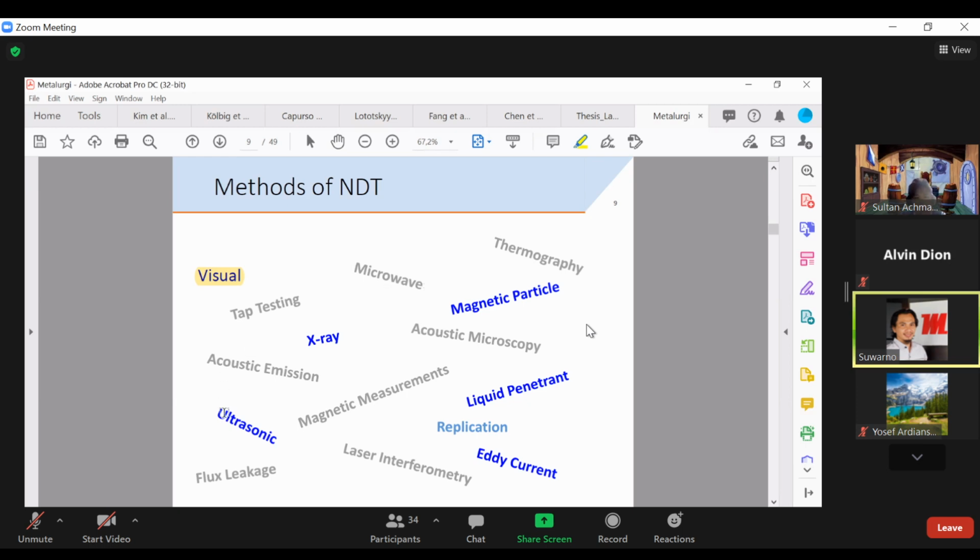We use the ultrasonic method. Here, ultrasonic is below here. I'm not sure that you can see the pointer. You see the ultrasonic, and then we also have X-ray, and later on we will discuss the differences or how they are used. They are basically all electromagnetic waves with different wavelengths.